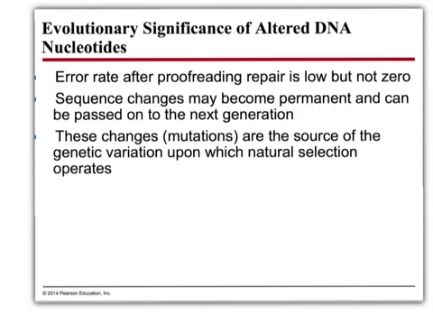Genetic variation. Mutations go on. A mutation that is advantageous gets passed on, but if the error rate were zero, it wouldn't work. Sequence changes can become permanent and can be passed on to the next generation. This is important for genetic variation and then eventually for natural selection, and has huge impacts on evolution.